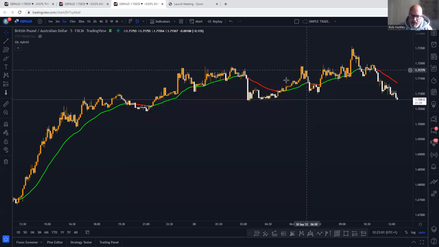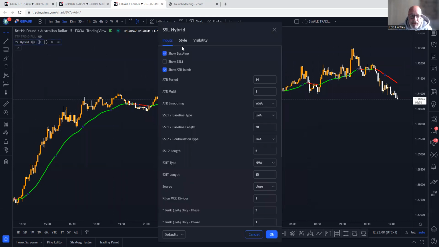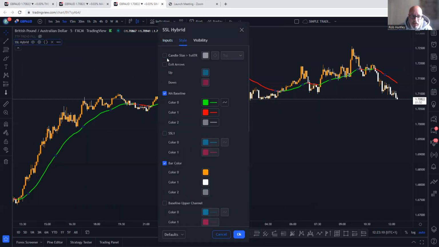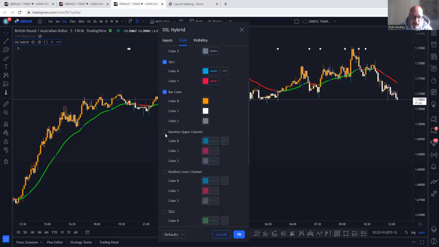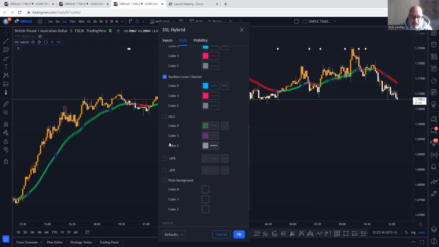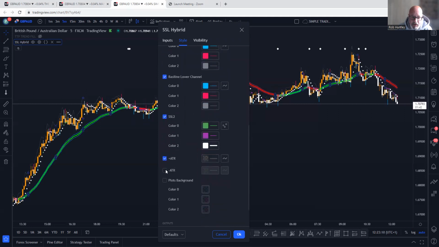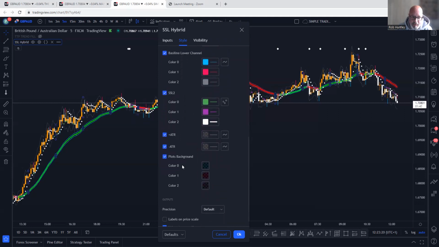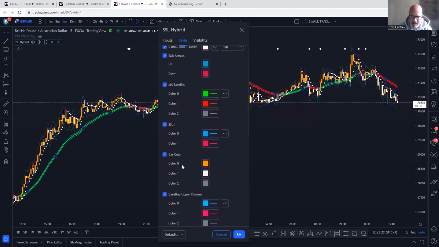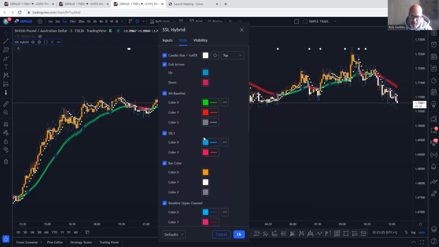Of course I've already changed all the default settings on it, but normally it will come up with that. I think everything will be ticked as standard on here, all of this stuff, and in fact these will be the blue and pink as well.